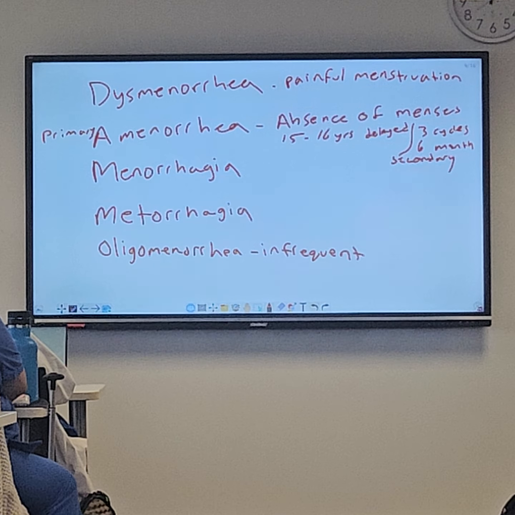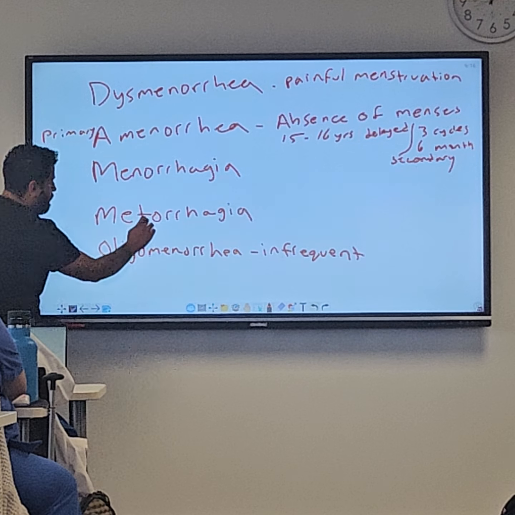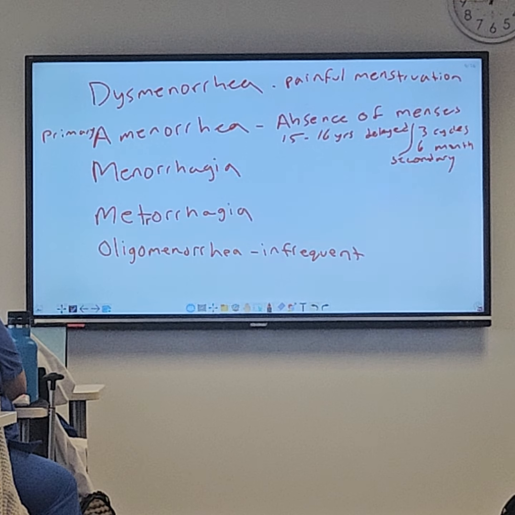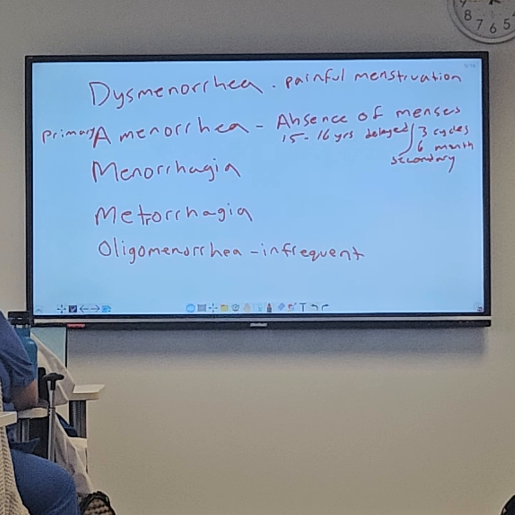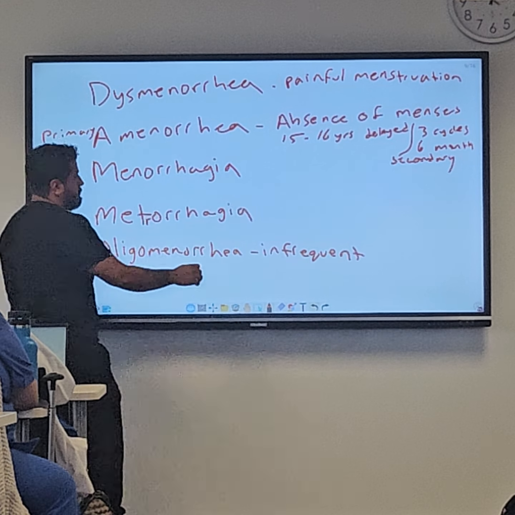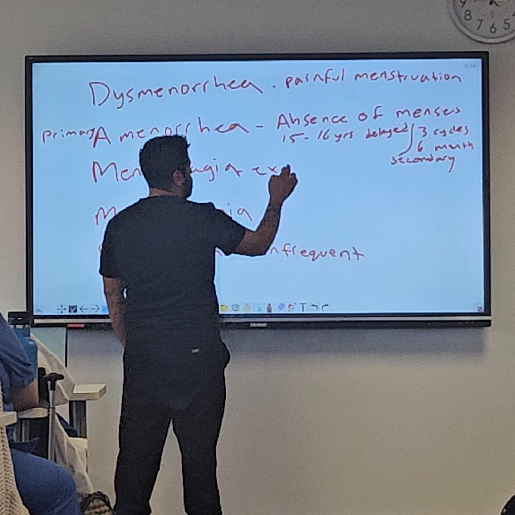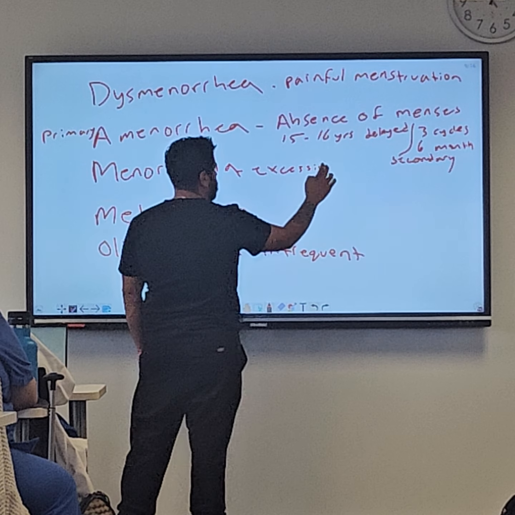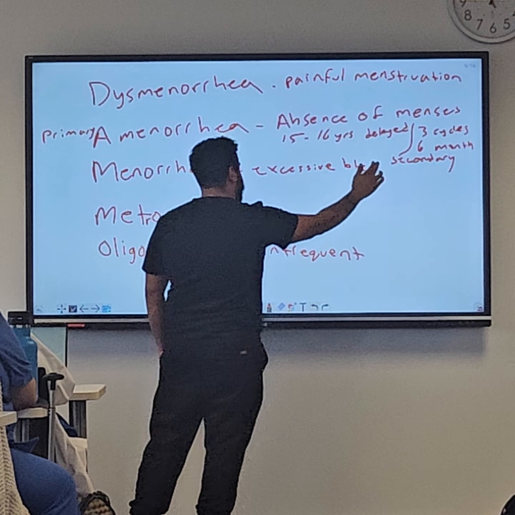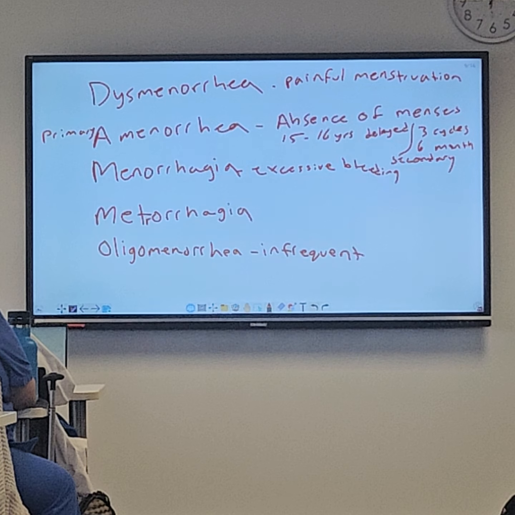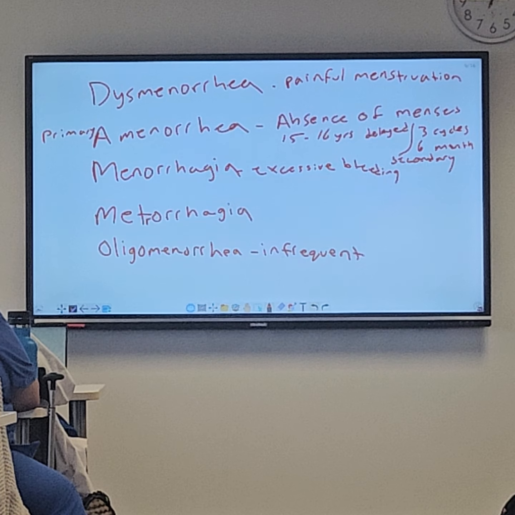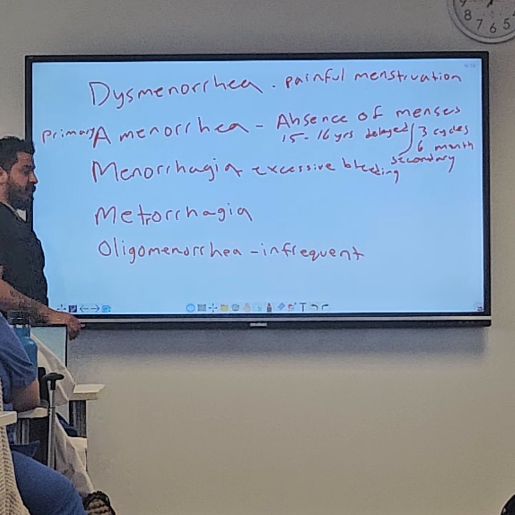Now, menorrhagia and metrorrhagia. Sorry, there's an R right here. Menorrhagia is excessive menstrual bleeding. And metrorrhagia is breakthrough bleeding between menstrual periods.